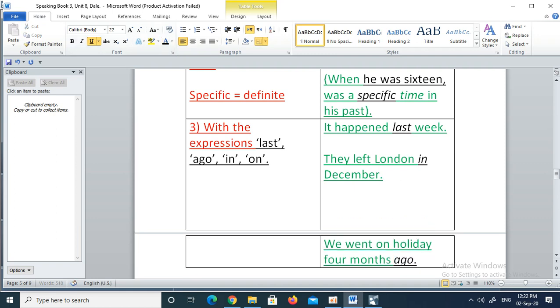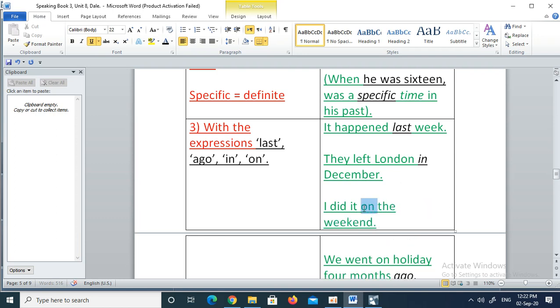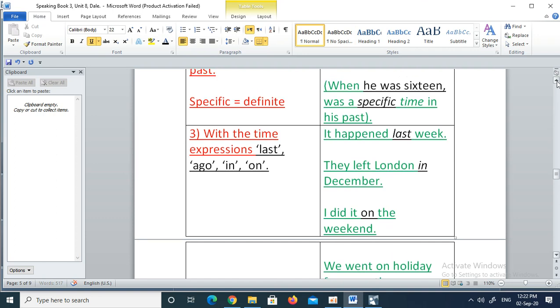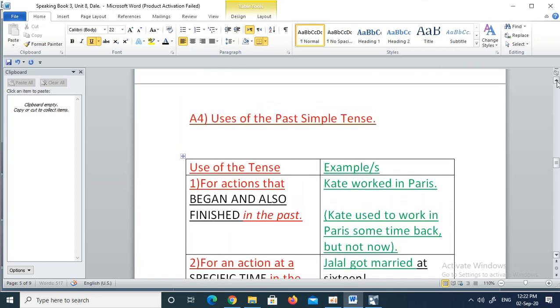We could say, I did it on the weekend. Or I did it on Friday. We are using those specific time expressions. And when we do that, and it's for something that happened in the past, then we will use the past simple tense. Okay.